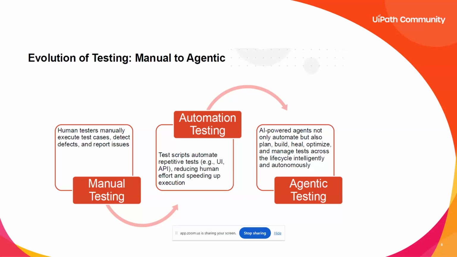So it's like having a smart co-tester who reads the app requirements, writes test cases, updates them when the app changes, and even alerts you to gaps in coverage, all while you focus on more critical tasks like exploratory testing or improving your test strategy. Earlier, when you went with automation testing, your major focus was to write the test cases, and whenever the app changed, you needed to redo all the code.